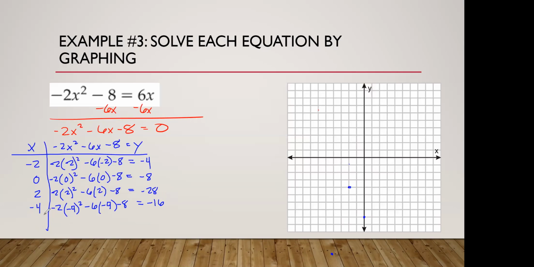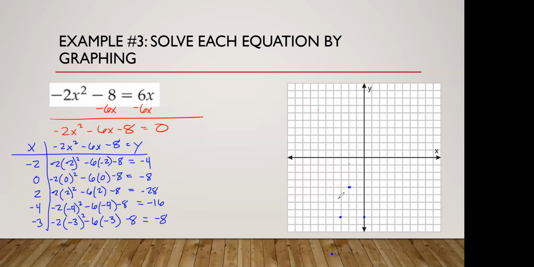So between negative 2 and negative 4 is negative 3. So I've got negative 2 times negative 3 squared minus 6 times negative 3 minus 8, and I end up getting negative 8. Okay, so at negative 3, it's negative 8. So 1, 2, oh, it's over here.